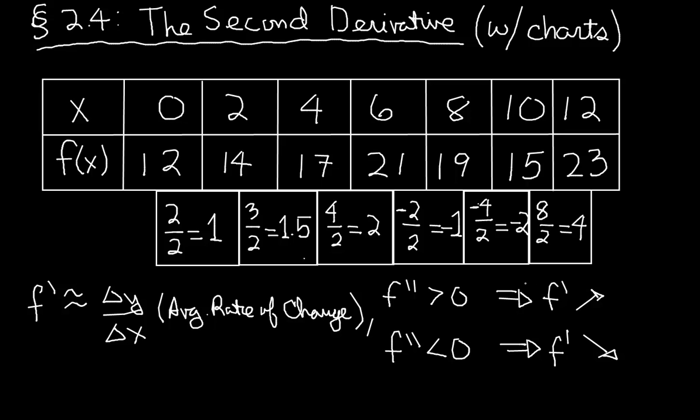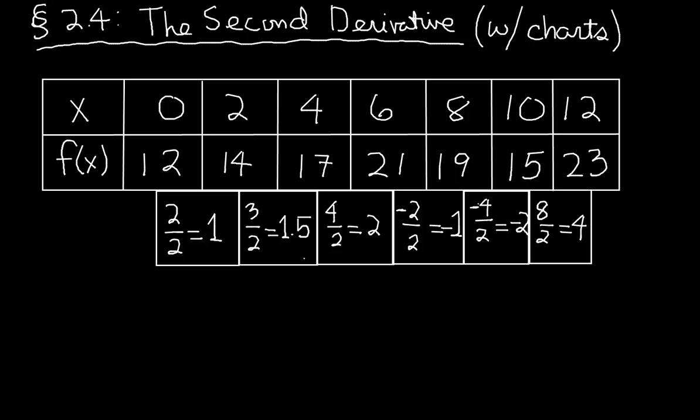So let's take a look at what happened here. We go from 1 to 1.5 to 2, so it's all increasing. And then it drops down to negative 1, so it decreases, drops down to negative 2, continues to decrease, but then goes up to 4, so then it increases. So let's just draw that in another way.